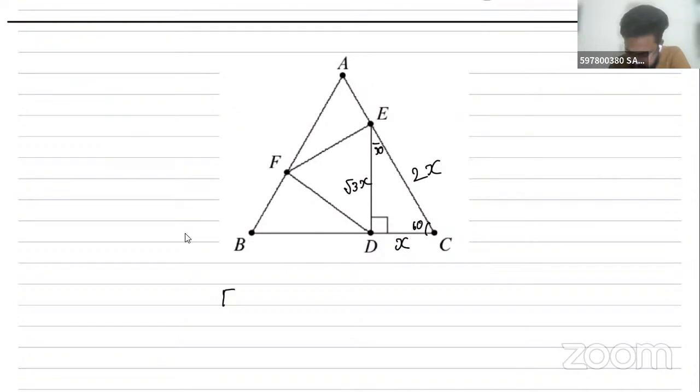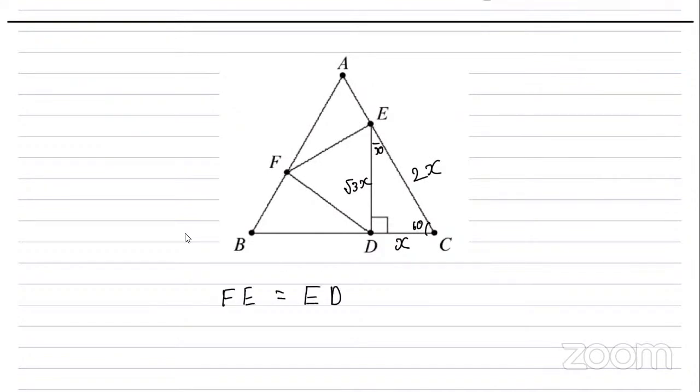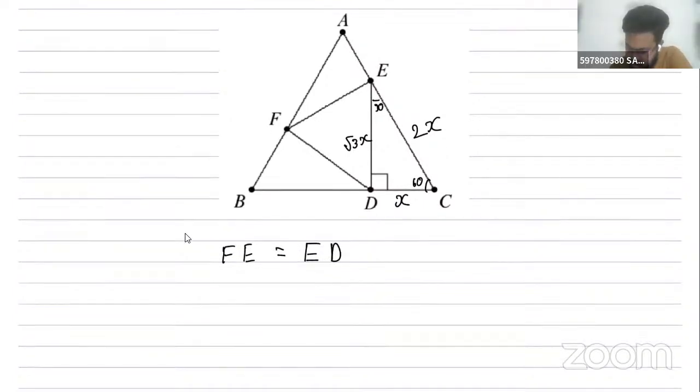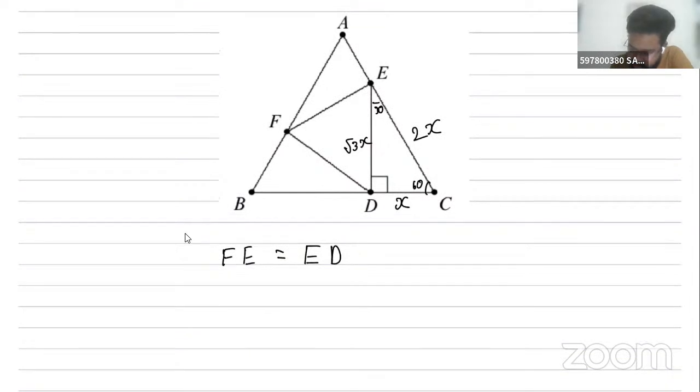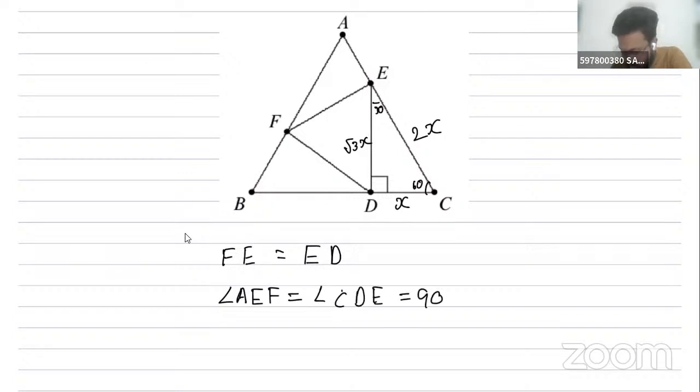See that FE is equal to ED because DEF is an equilateral triangle, right? And since this angle is 60, 30, AEF is 90. Angle AEF is equal to angle CDE, which is equal to 90 degrees.